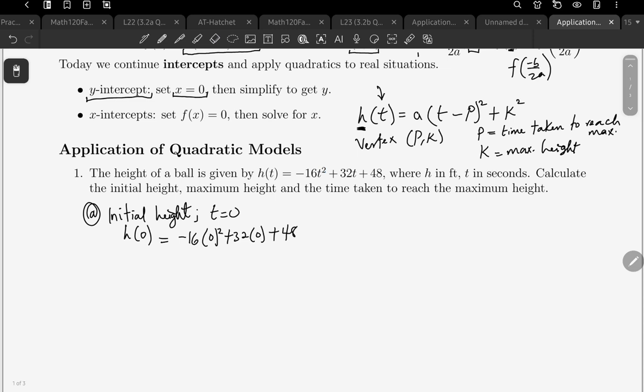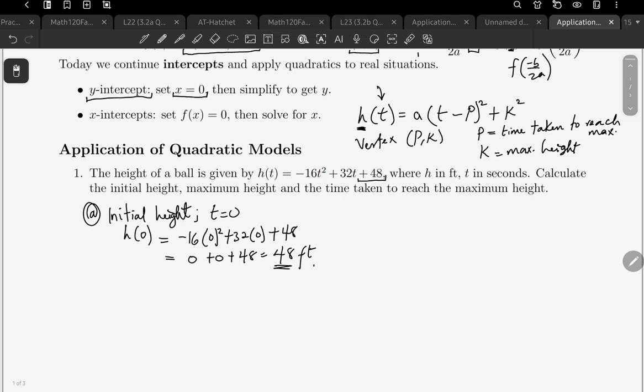And like I told you in class yesterday, it is just the c, the constant of the standard form given to you. So in this case, it's going to be 48, because 0 plus 0 plus 48 is just equal to 48. So it means at the beginning of the motion of the ball, the height is going to be 48 feet.